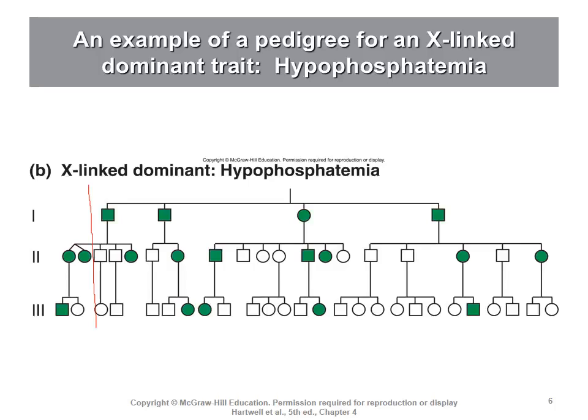But the main difference between autosomal dominant inheritance and X-linked dominant inheritance is that when a male is affected, all of his daughters will be affected, but none of his sons will be affected. And you know why? Because females inherit the X chromosome from their father, while males inherit the Y chromosome.